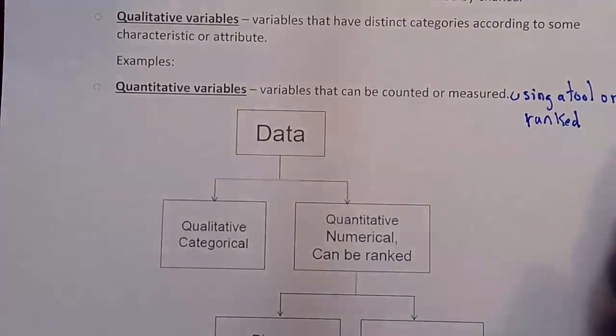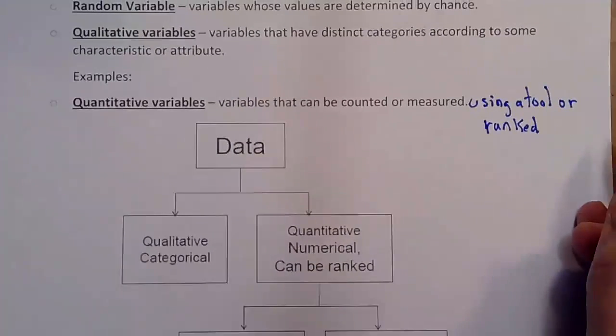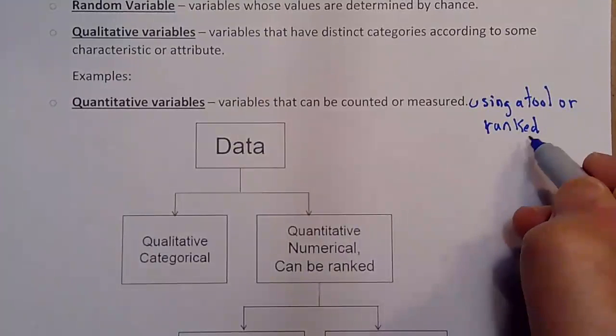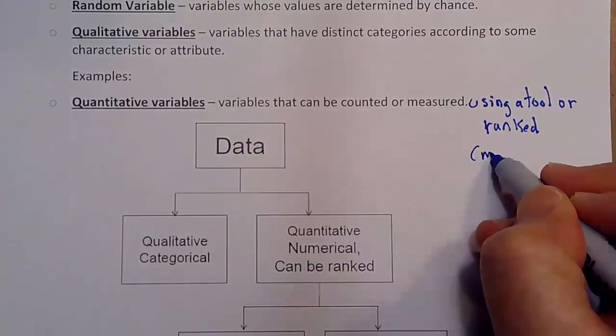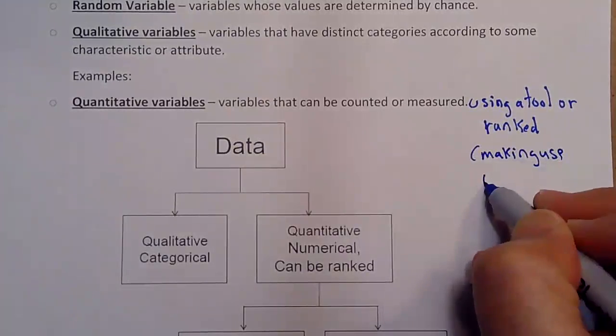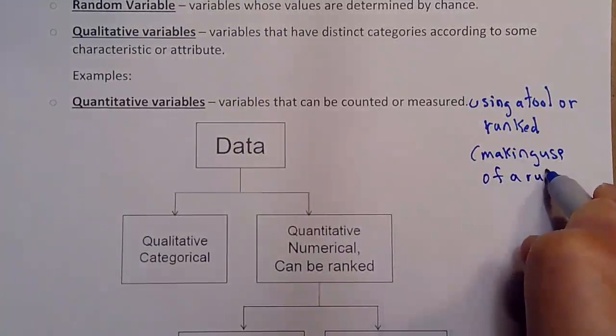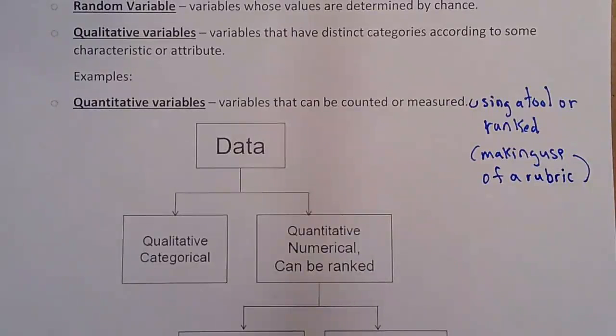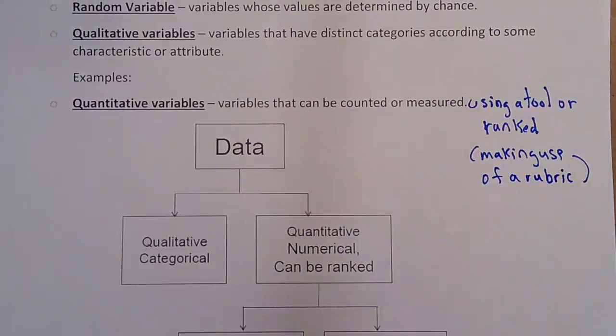And so for example, when you rank something, maybe you're making use of a rubric. So you can get some kind of a tally, right? Some kind of a tally, and you're ranking them, okay?